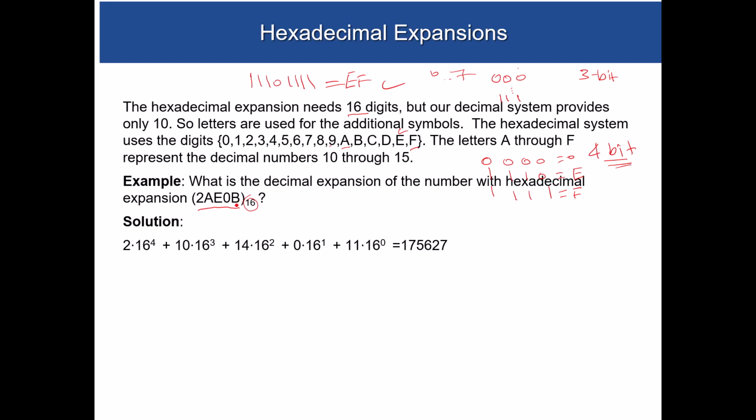We start by taking the first digit, which is 11. Remember, this is 10, this is 11, this is 12, 13, 14, 15. In base 16, the power is 0, because this is where we start. Then next we go to the 0, and E is 14 here, times 16 to the 2, A is 10, 16 to the 3, and finally 2 times 16 to the power 4. And then we just calculate.